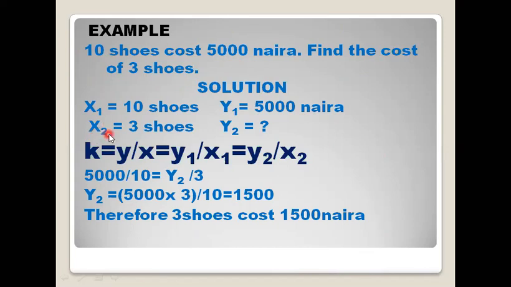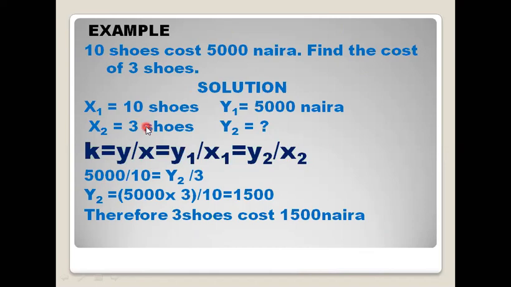So that's our x2. x2 is 3 shoes, and y2 is unknown. We need to find a new cost. So we go back to our formula for direct proportion, which is k equal to y over x equal to y1 over x1, which is equal to y2 over x2.